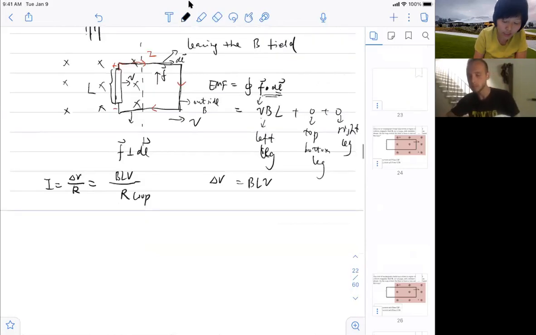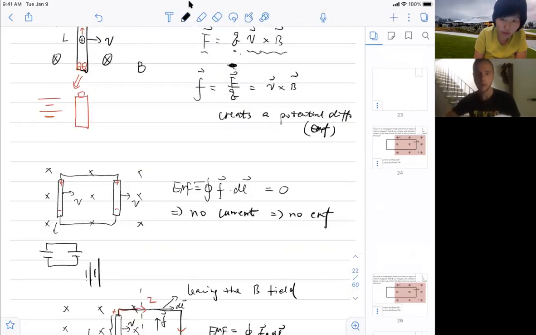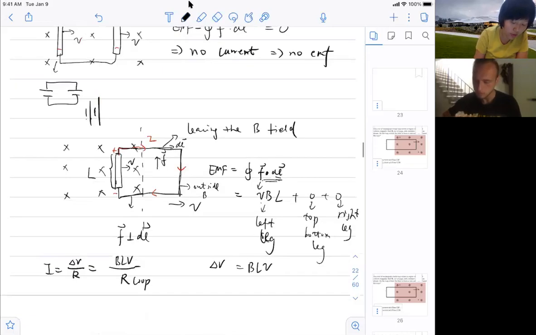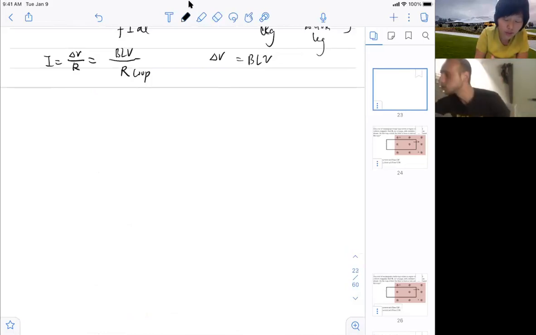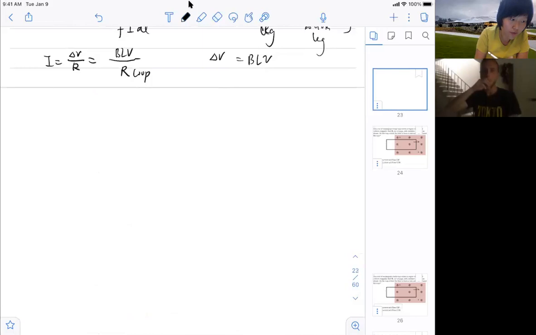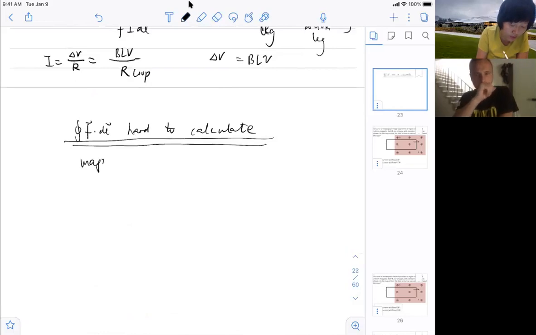The way we did right here is look at the force generated by QV cross B. In case your shape is very complicated, or if your B field is not a constant, then this F dot DL would be hard to calculate this way. So we're going to look at a different way, the magnetic flux through the loop.